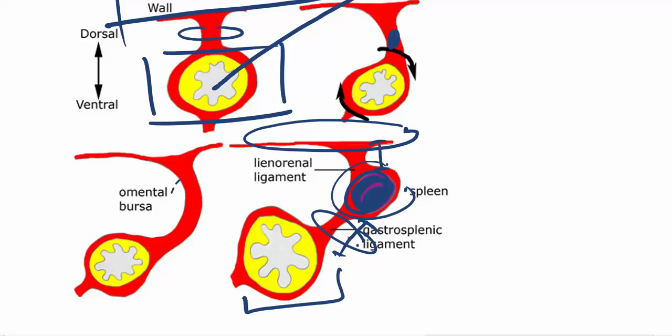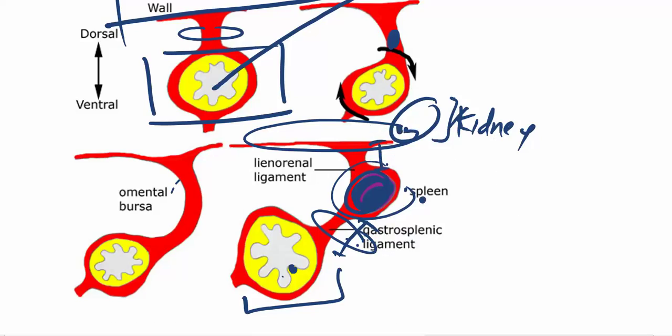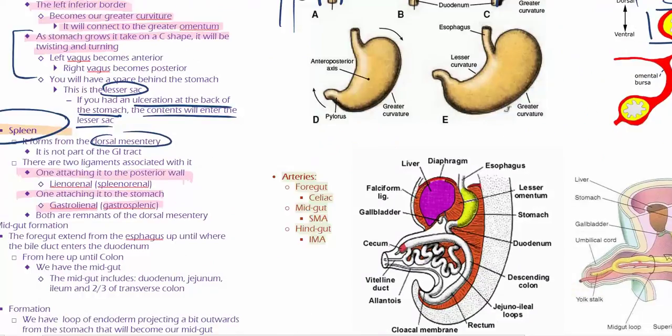The one attaching the spleen to the stomach is your gastrosplenic. And let's say you had your kidney here. The one attaching the spleen to your kidney is your splenorenal, because the kidneys are retroperitoneal. Can you see that? Yes. Okay, cool. That's the point I wanted to make.